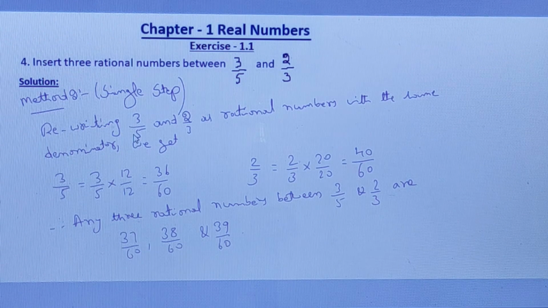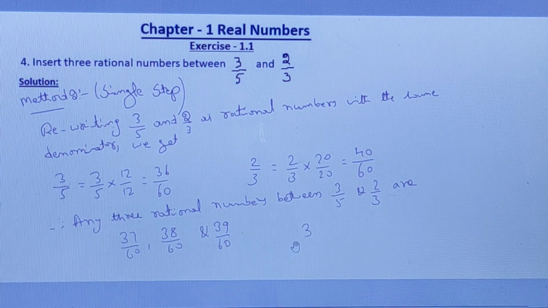Just for your clarification, one note here. Why are we not taking the LCM of 5 and 3 and then converting 3 by 5 and 2 by 3 as rational numbers with the same denominator, right? Because the LCM of 5 and 3 is 15, right?